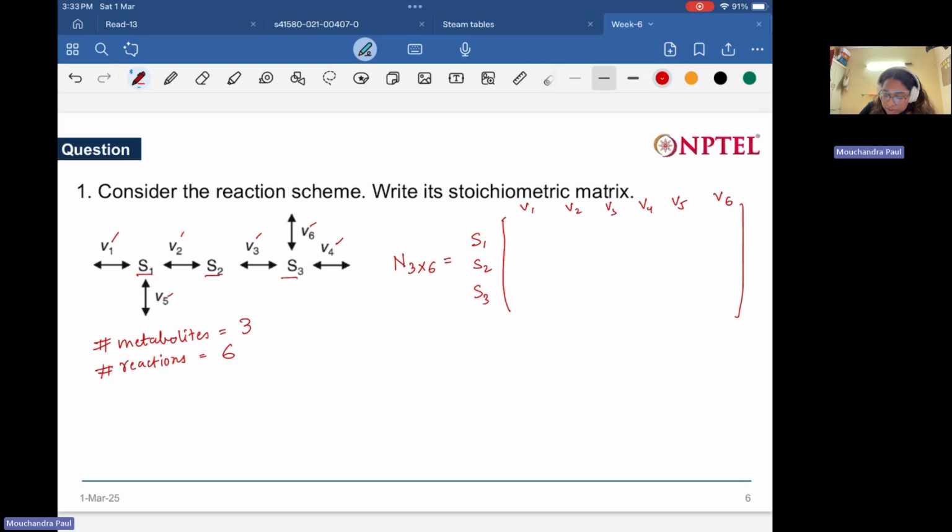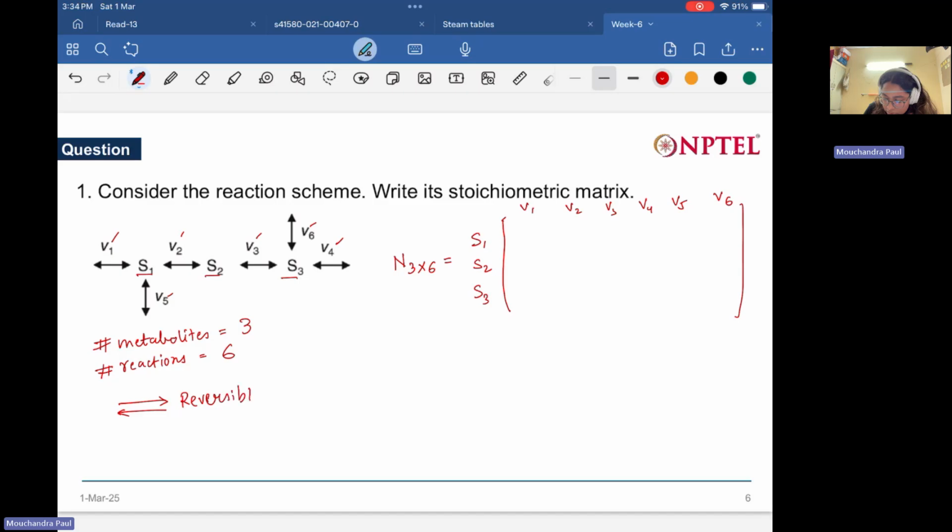So for S1, since this is a product, all right? So you can see the arrows. The arrows are reversible, right? This is for the reversible reaction.